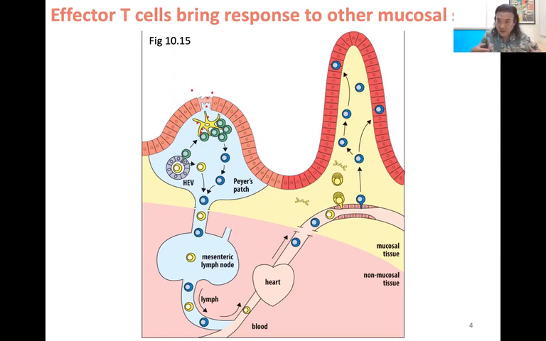They will exit your blood throughout your mucosal layers. So even though this was your small intestines, your gut, you will have these B cells and these T cells also exiting the blood to take up guarding your respiratory tract lining.